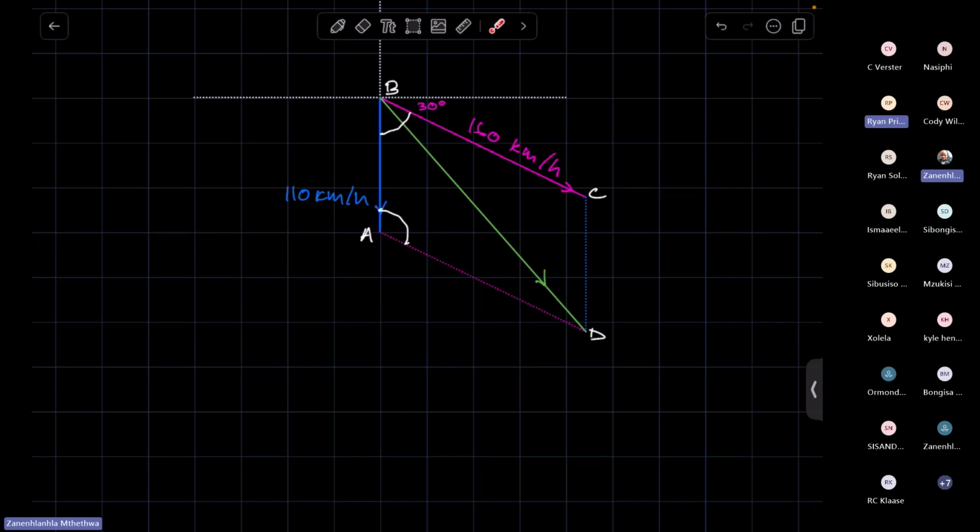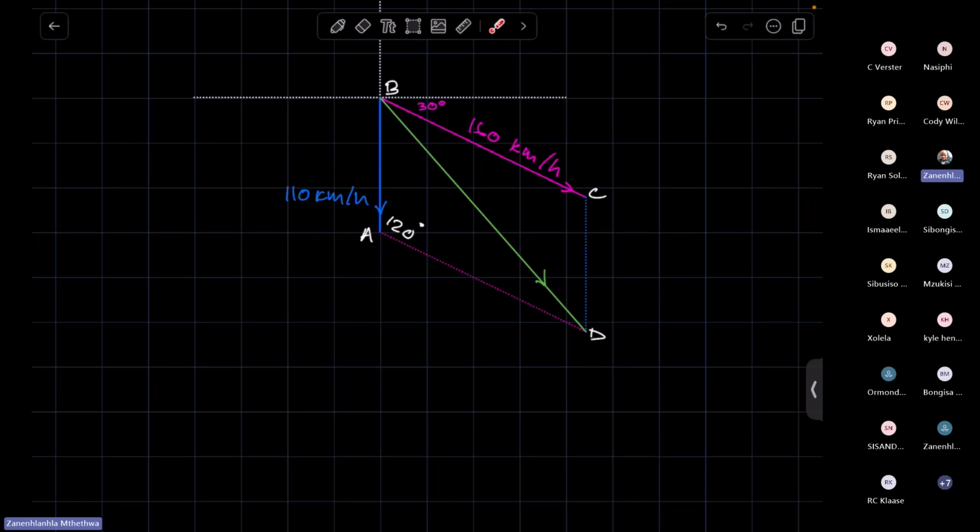If this is 60, we know the sum of this angle and this angle is 180. Why? Those are co-interior angles. So if this is 60, it means this angle is 120. I looked at the 30 instead of 60. So this angle is 120 degrees.